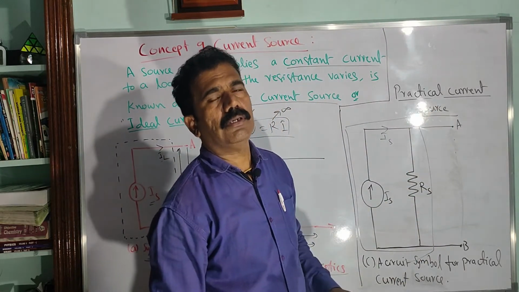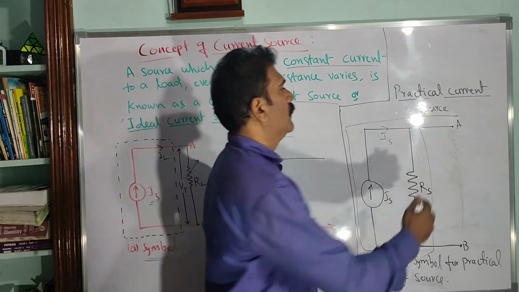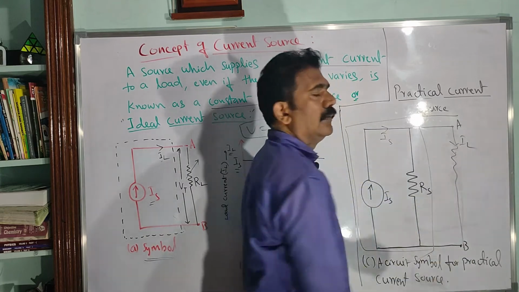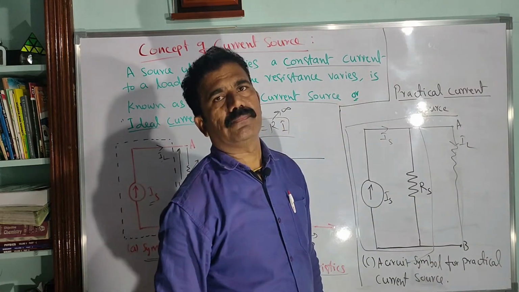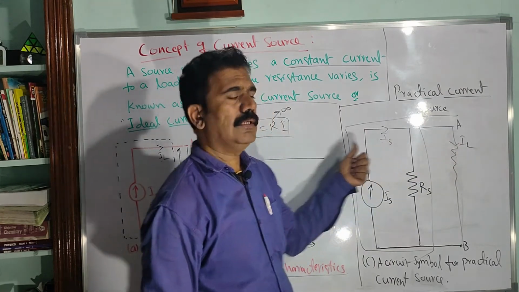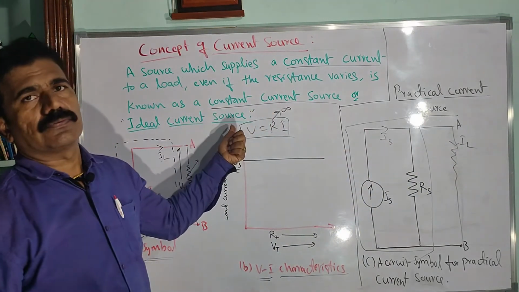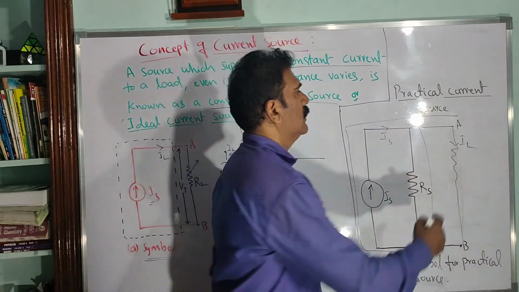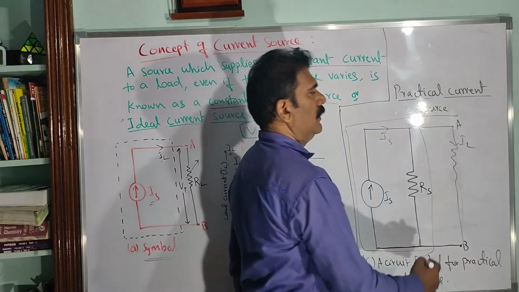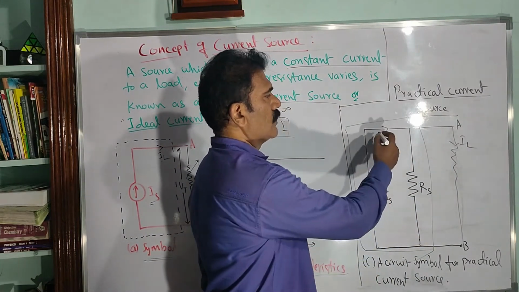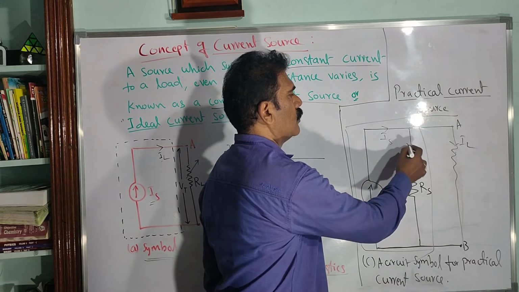But here we cannot expect the current passing through the load, IL, to be equal to IS. It is not equal to IS. Suppose IL is equal to IS, what can we say? It is an ideal current source. In case of a practical current source, the current passing through IL will not be equal to IS, because the current obtained from the source is going to be divided into two paths here, correct?